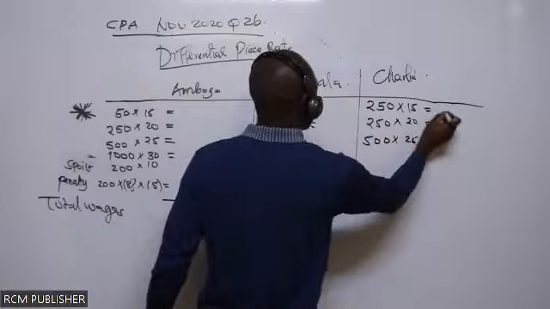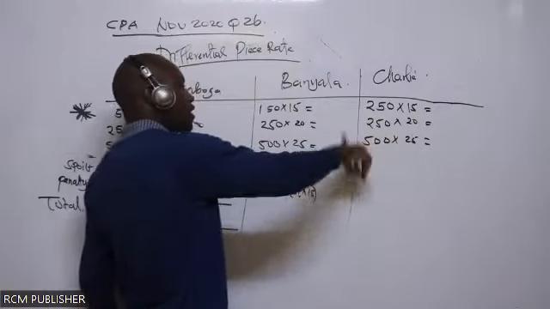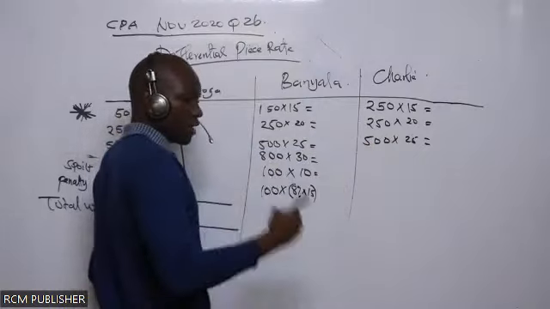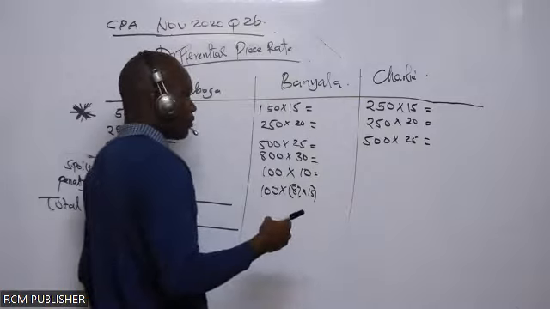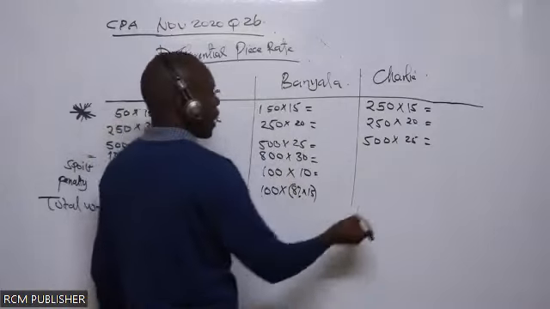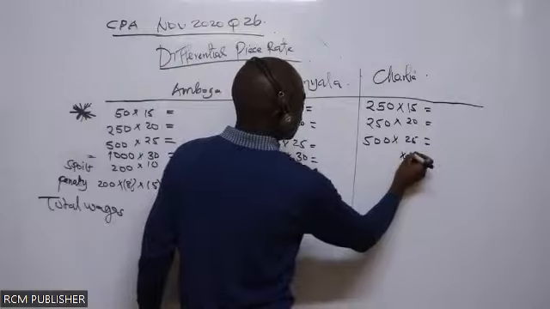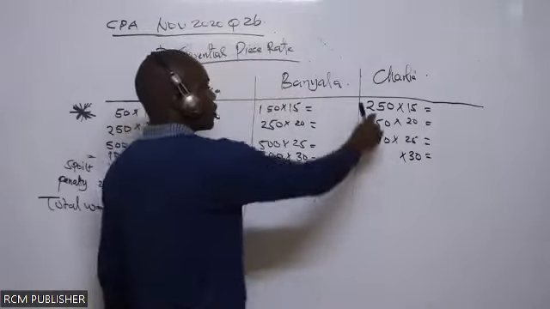If we do that, all this will give us 1,000. Then we are told anything that is over 1,000 will be paid for at what rate? At 30 shillings per unit. This one is 1,000.